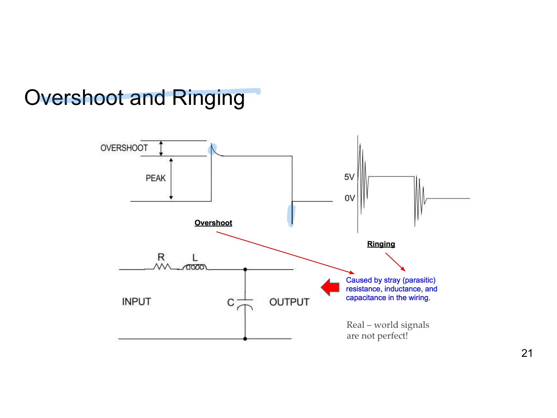It's going above and below the baseline, if you will. The ringing is just due to these oscillations, and it just causes noise. All this is caused by stray, parasitic, unwanted resistance and capacitance in the wiring.